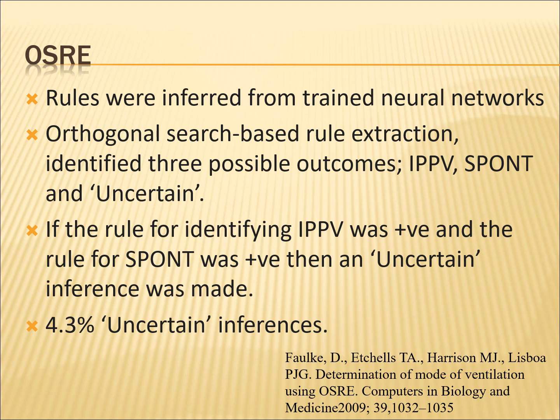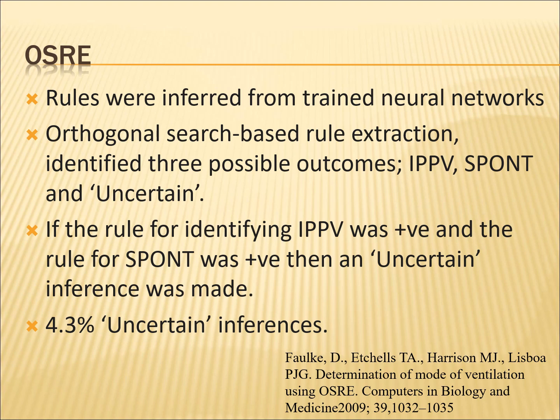There were two sets of rules. One was used to determine spontaneous ventilation, the other to determine IPPV, that's intermittent positive pressure ventilation. If the test for spontaneous ventilation was negative and the test for IPPV was positive, then one could assume that the patient's lungs were being ventilated.